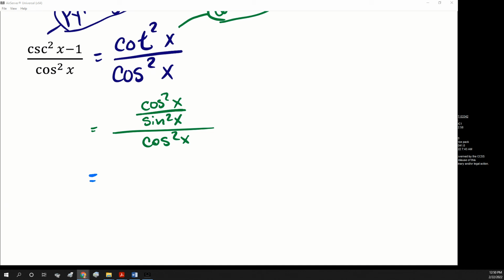All right. And now we're not going to use an identity. We are just going to use algebra or rules for dividing fractions. So how do you divide fractions? Right.